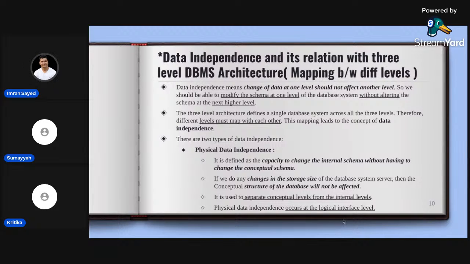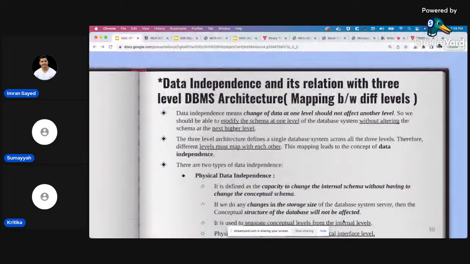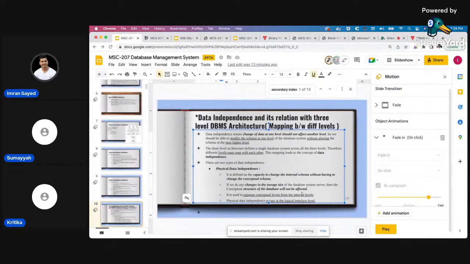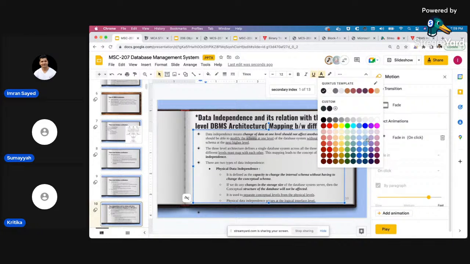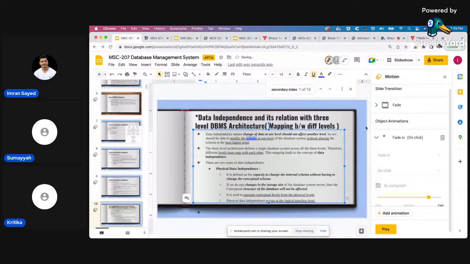Physical data independence occurs at the logical level. I think it's better not to get confused and just use the same name, physical. A few words which get used over and over again that you need to remember are schema and mapping.